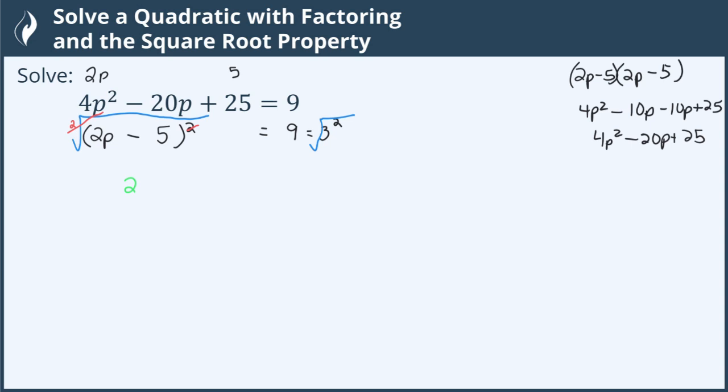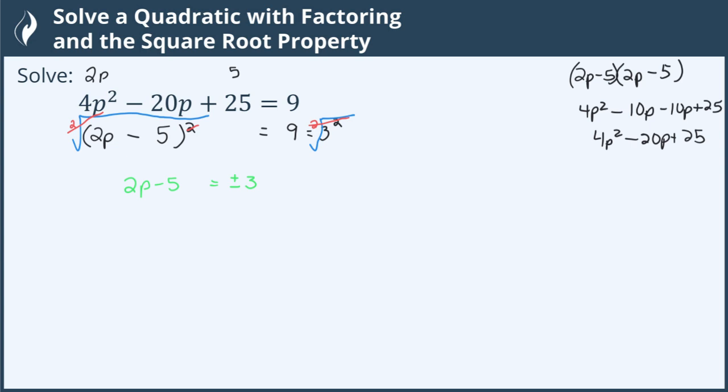So I'm left with 2p minus 5 equals, and the same thing happens over here on this other side. We have a 2 here and a 2 here. They cancel each other out, and we're left with plus or minus 3, because remember that 3 could have been a negative 3 or a positive 3, and we still would have gotten a positive 9 if we had squared it. So our answer is positive or negative 3.